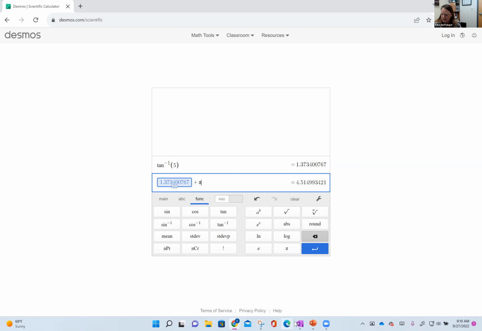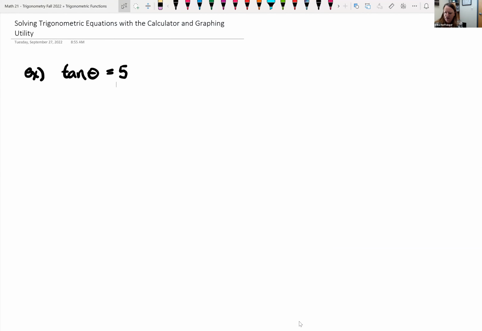So we can go back here. Taking the tangent inverse of both sides, we do something to one side, we're doing it to the other. We wanted to undo, so we got theta by itself.